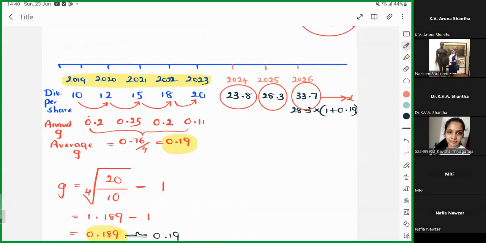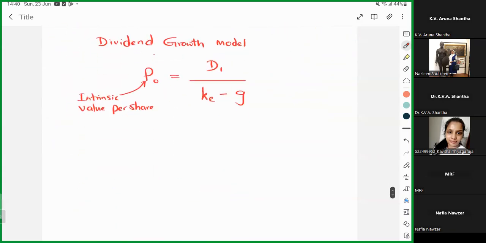The company would continue to increase the dividend at the rate of 19%. So the future dividend will increase at a particular rate, and the rate is 19%. If the pattern is like this, you can apply the dividend growth model to get the present value of future dividends.